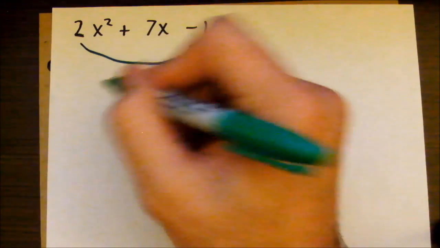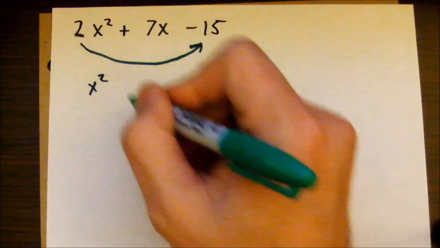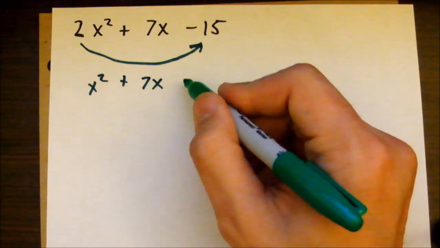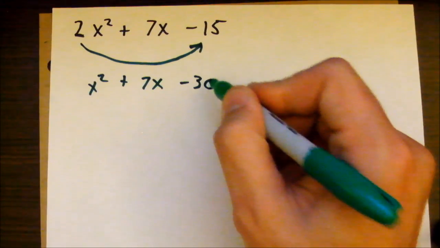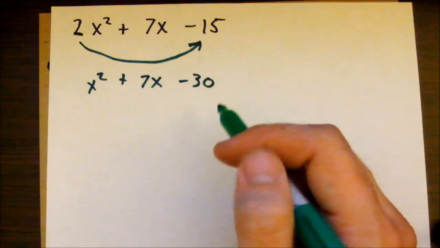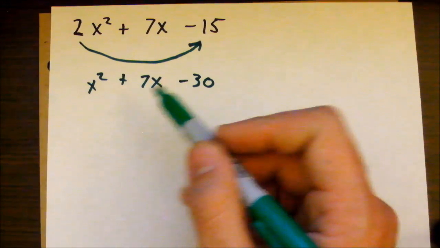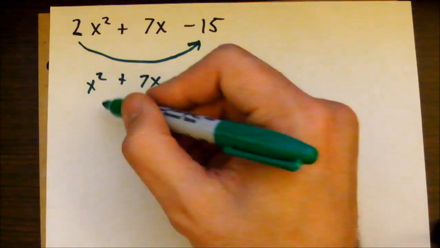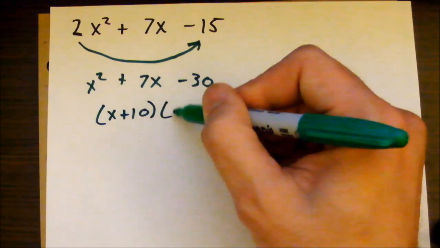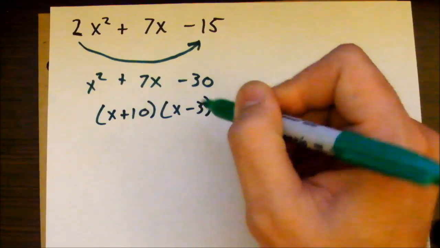I'm going to get x squared plus 7x minus 30. Right? So now I'm going to factor. What 2 things multiply together to get negative 30 and add together to get 7? Well, that gives me x plus 10 and x minus 3.